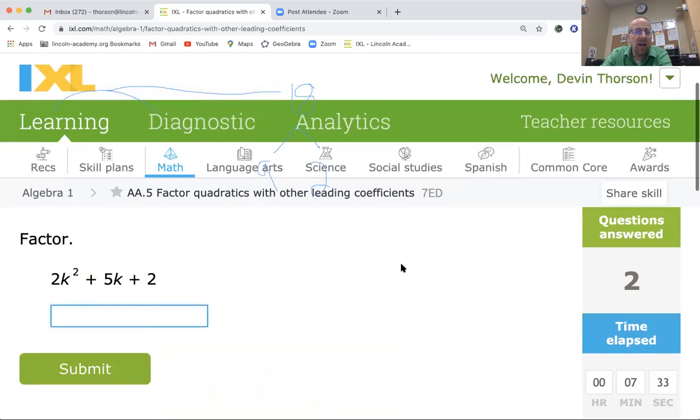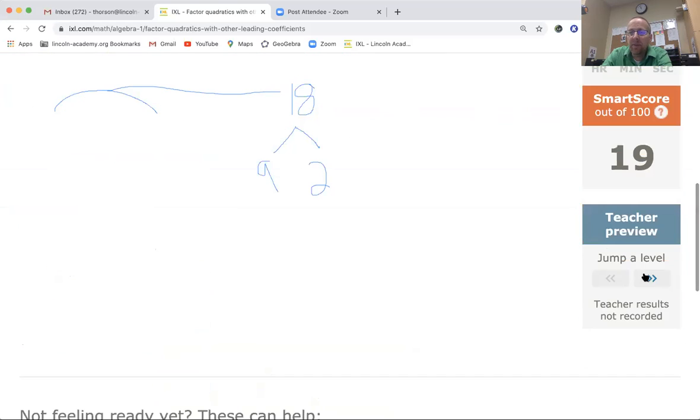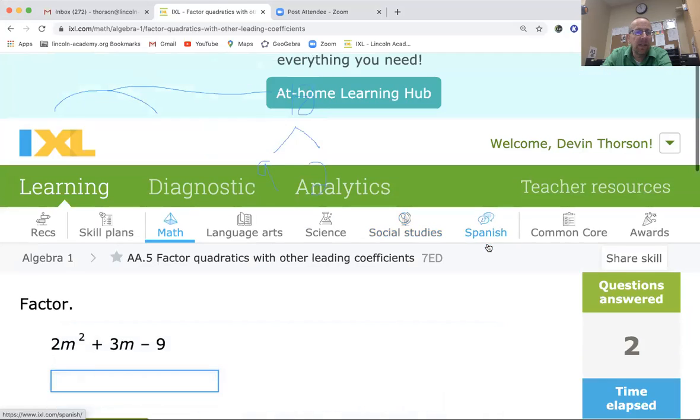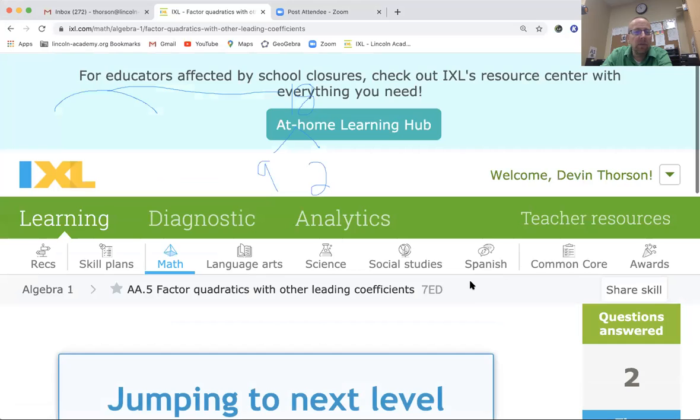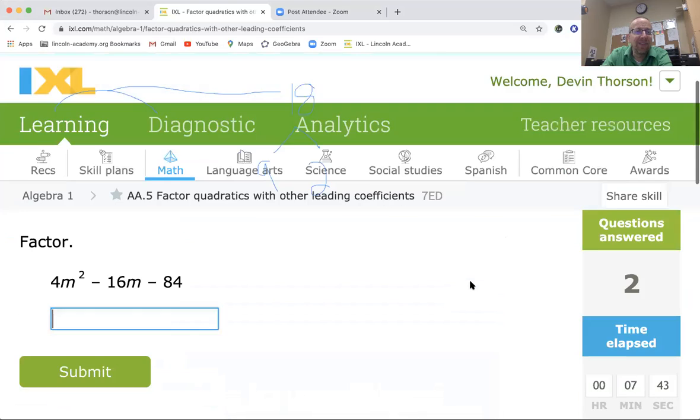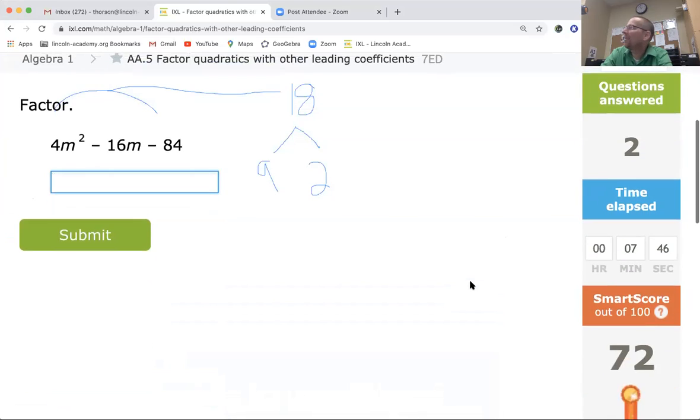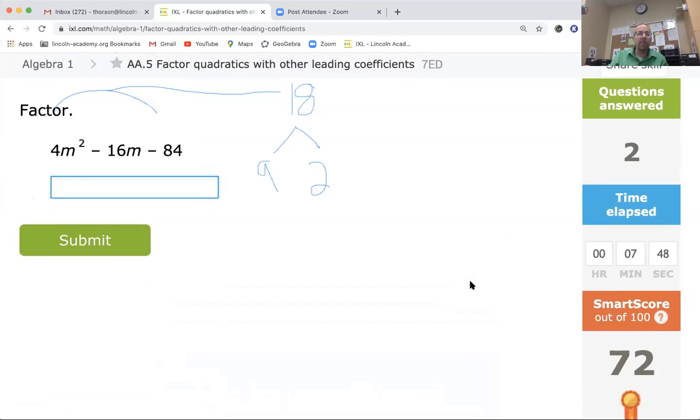And great job. All right, I'm going to jump up a little bit, see if we can get one that's... Ooh, yeah, let's try this one. If you can use a calculator, by all means. If the calculator doesn't work, because some of those calculators are battery.